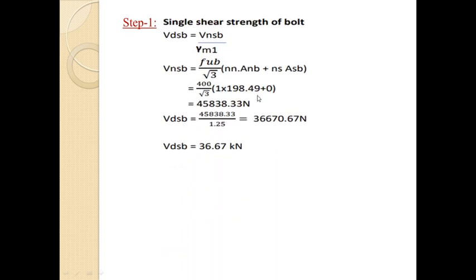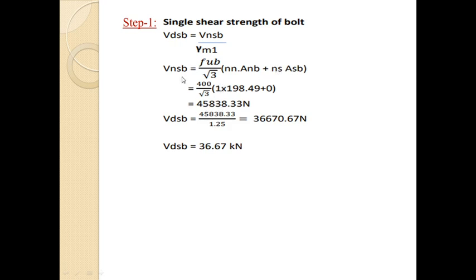So let us see step number 1. First, we have to calculate the single shear strength. As we discussed earlier, single shear strength Vdsb is equal to Vnsb upon gamma m1. We put the formula of Vnsb equal to fub upon root 3 in bracket nn into Anb plus ns into Asb. This ns value is 0, therefore this term becomes 0.